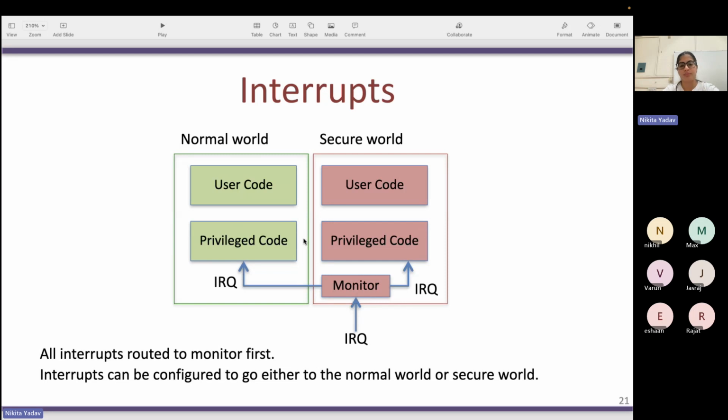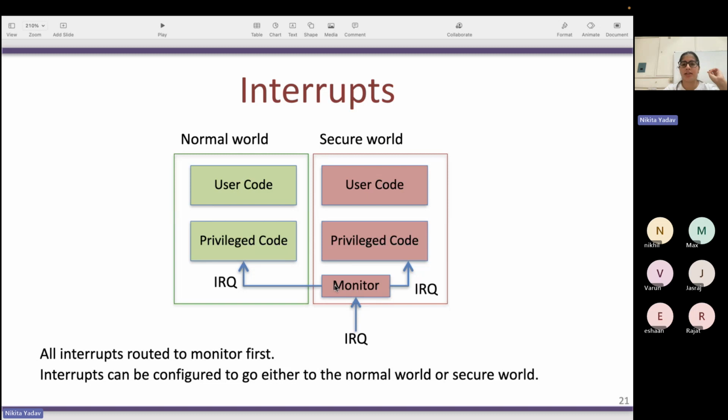So when you execute an SMC instruction here or here, that SMC instruction is actually causing an exception. It causes an interrupt, and that interrupt goes to the monitor, and then the monitor will look and see that this interrupt was generated by the SMC instruction, and that I have to change the world.